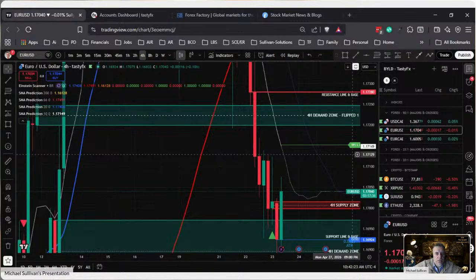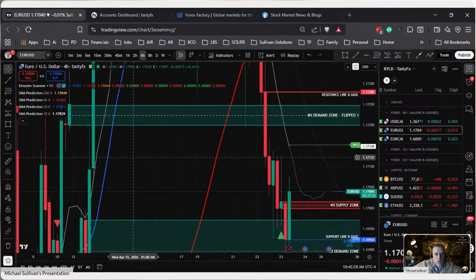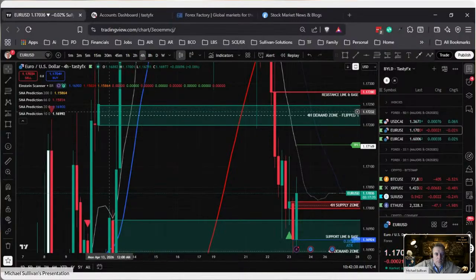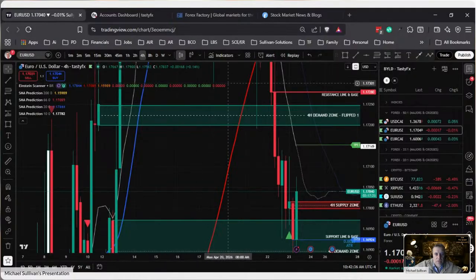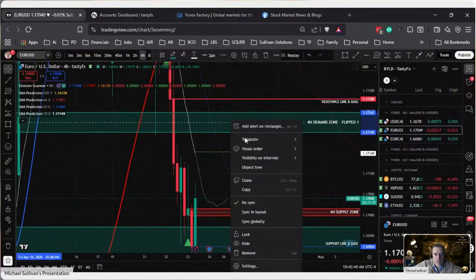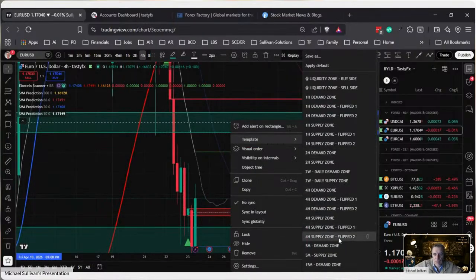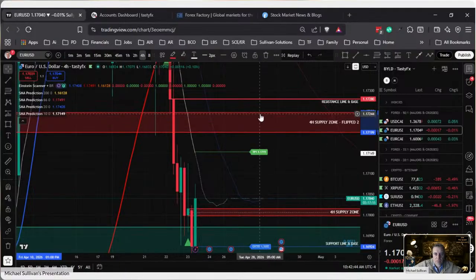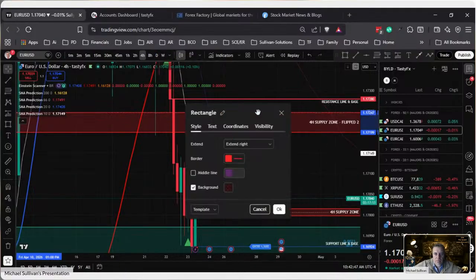This one right here, this was a demand zone. Oh, this was a supply zone because you can see there was a gap here. So this was a supply zone that got flipped into a demand zone, and now it got flipped back into a supply zone. I'd call this a 4 hour supply zone flip 2. I'm going to do the same thing we did to the other candle. I'm going to add that 50% line in the middle.